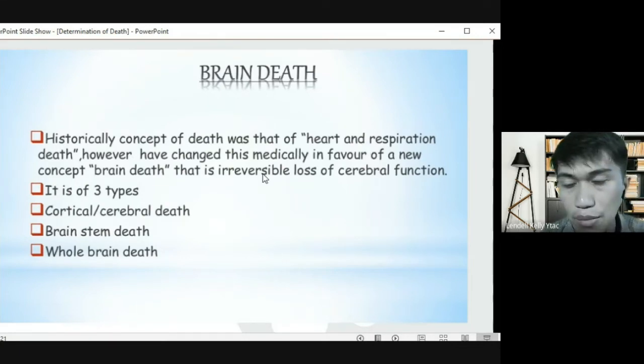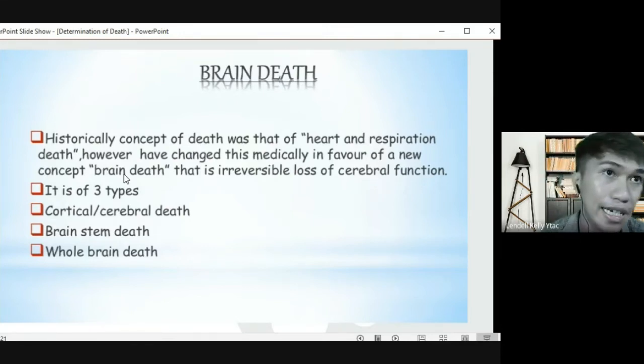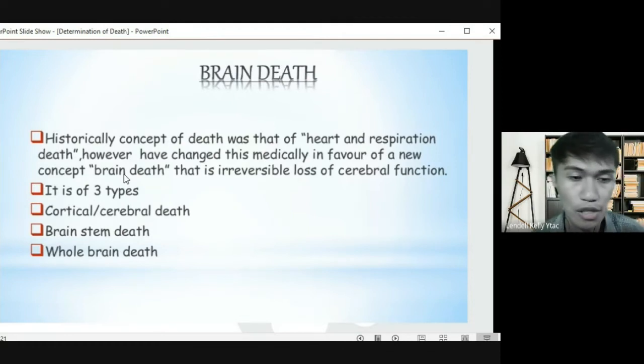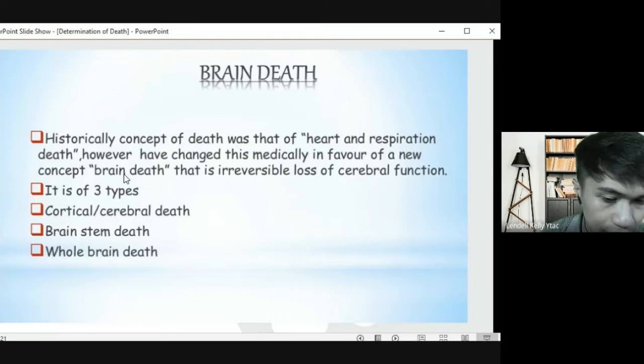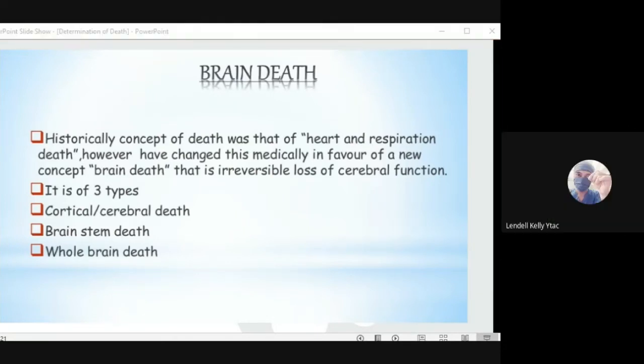The easiest way to remember the cerebral cortex is when you look at a stump. Have you seen the stump of a tree that has been cut, especially hardwood? The cerebral cortex would look like the bark of the tree.